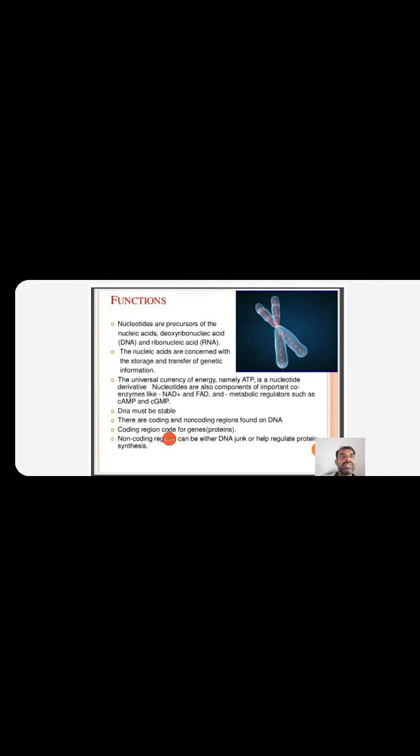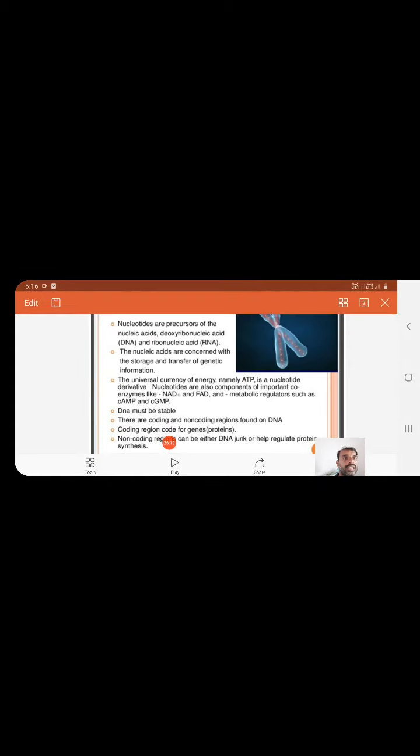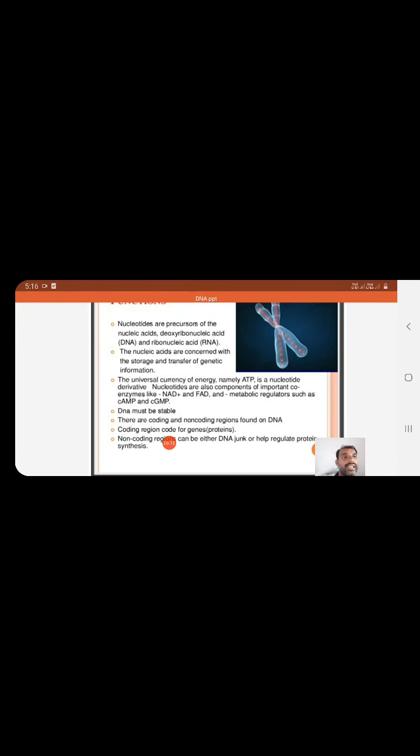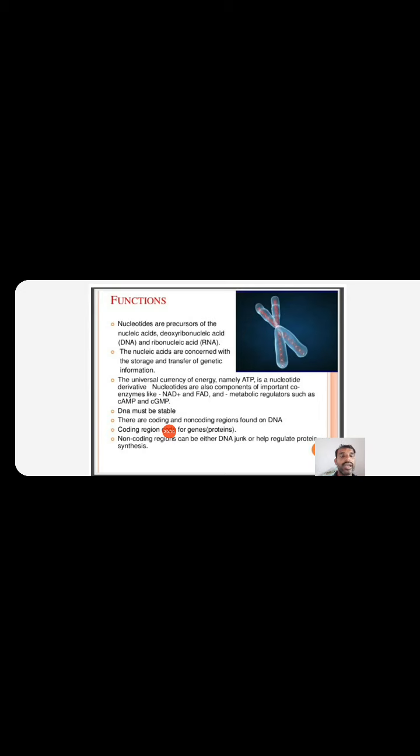Whatever functions, whatever cell, whatever process, and last but not least, this is the universal currency of energy, which means in the respiration process, ATP energy is formed. This DNA indirectly influences the formation of ATP at the time of respiration.